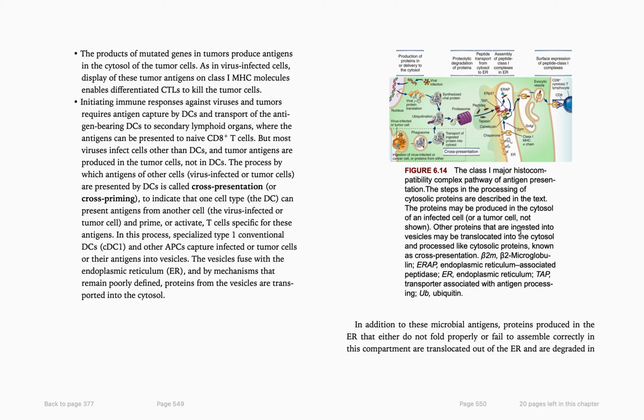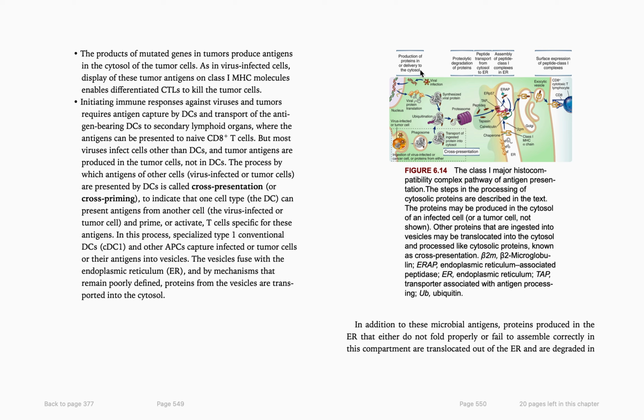Other proteins that are ingested into vesicles may be translocated into the cytosol and processed like cytosolic proteins, known as cross-presentation. Beta 2 microglobulin, ERAP is the endoplasmic reticulum associated peptidase, together with the TAP transporter. UB is ubiquitin. So this is actually the cross-presentation.